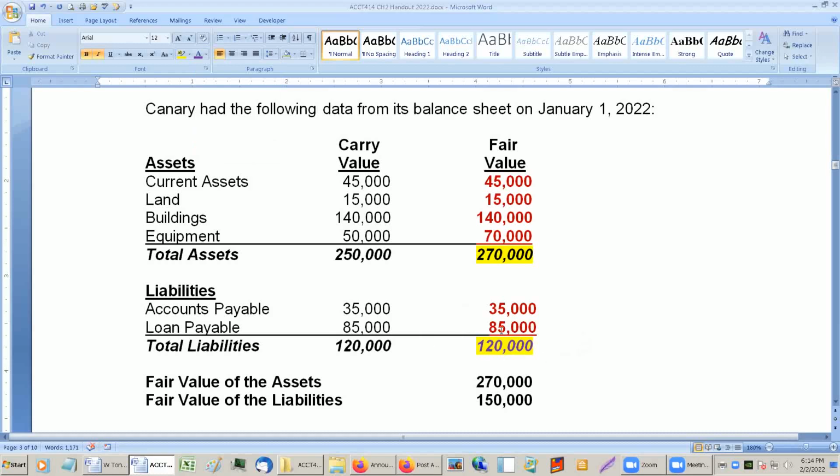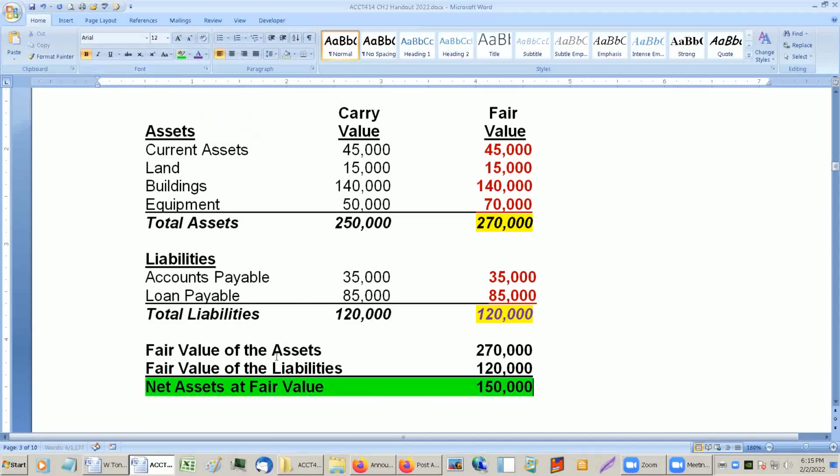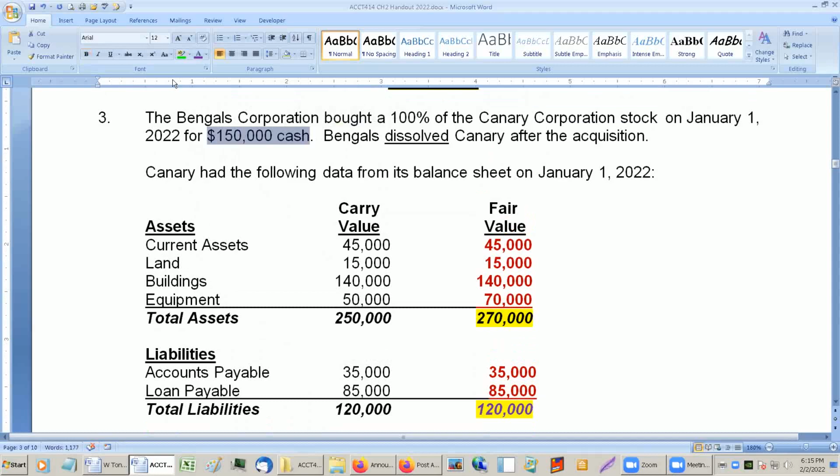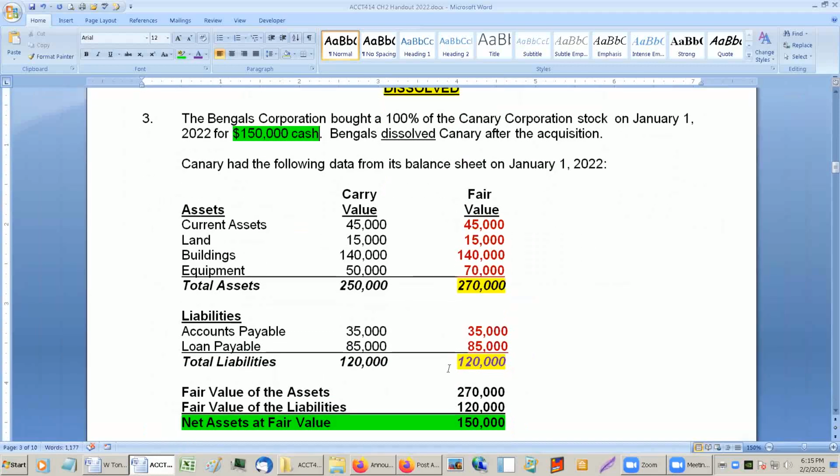I have 150 in there, that's wrong. 35,000 plus 85,000 is only 120. This should be 120. I was thinking ahead, I think, to the net. Make sure you make a change there. This should be 120, not 150.